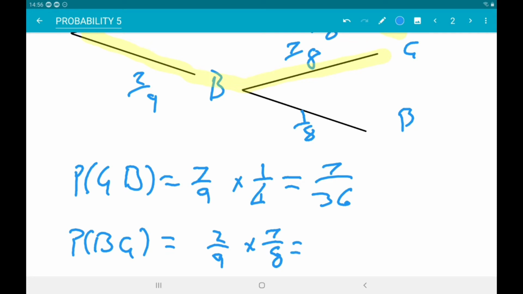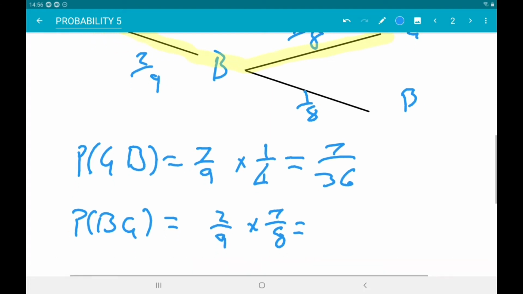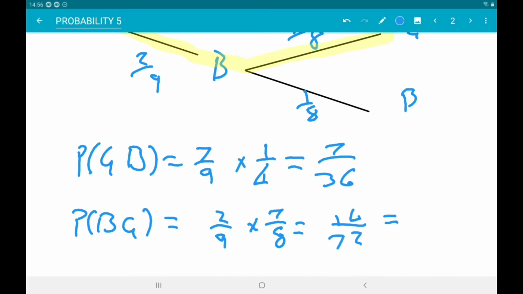So that's 14 over 72. Which simplifies to 7 over 36.